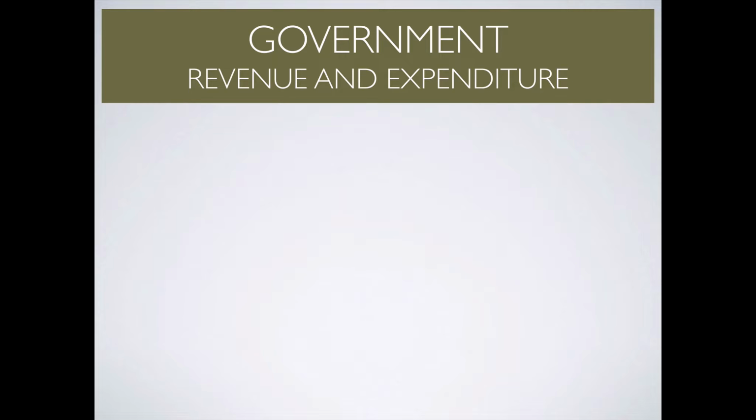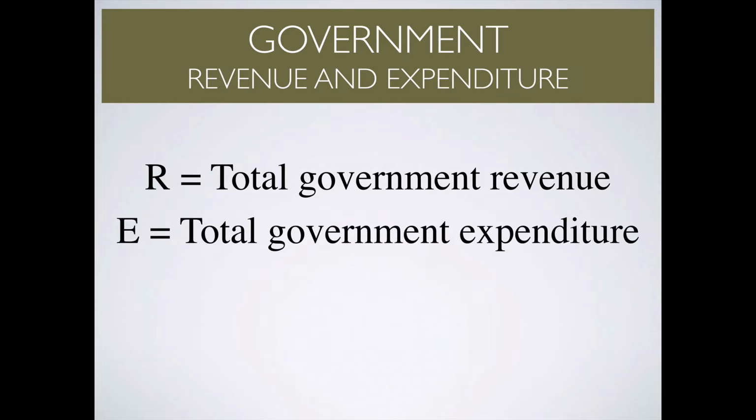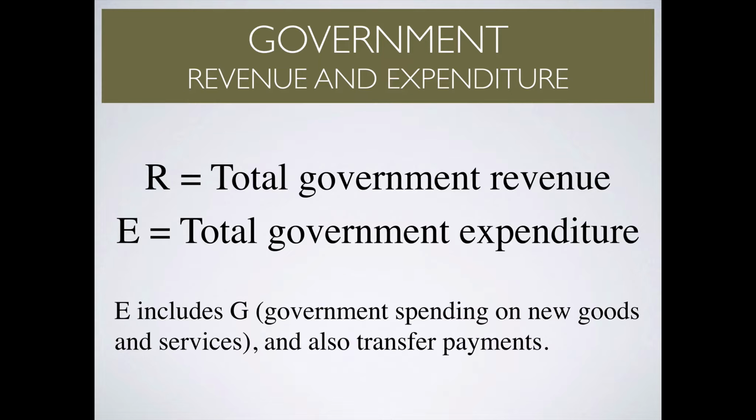All right, we will call R total government revenue, and E is total government expenditure. And let's just take note here, E includes G, that's government spending on all new goods and services, and also transfer payments. Okay, let's say a little bit more about this, all right?